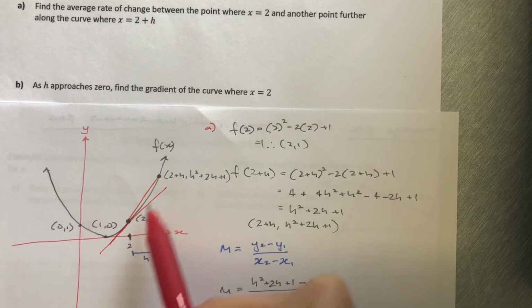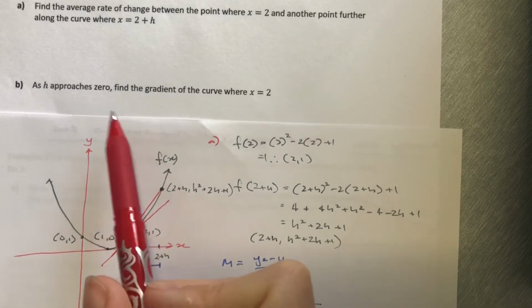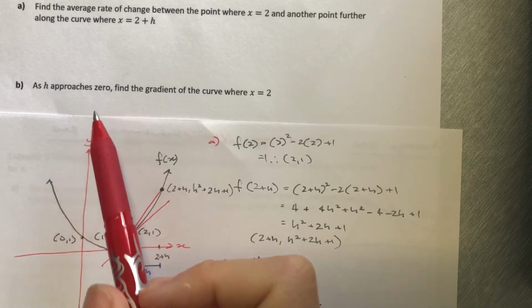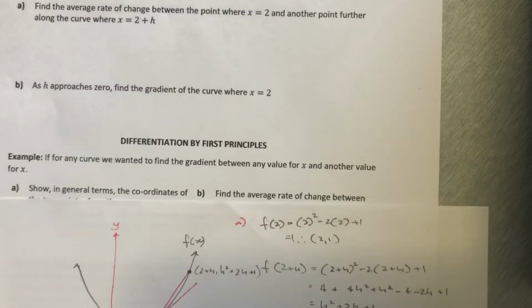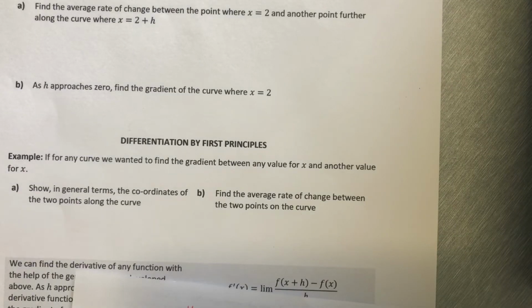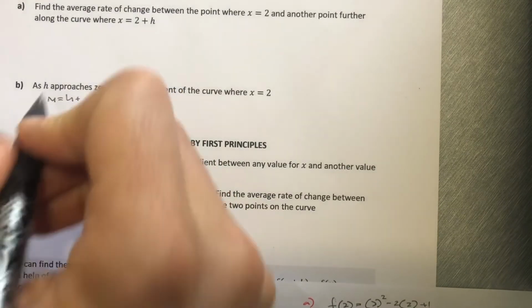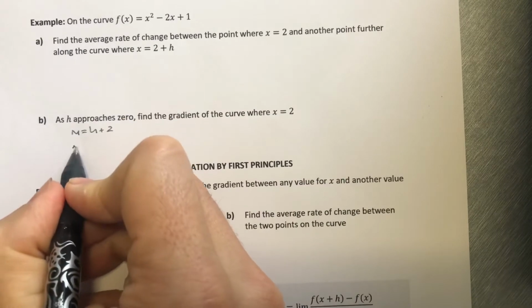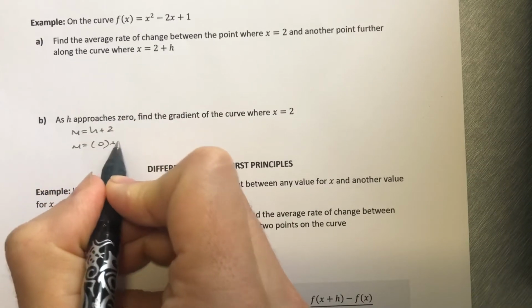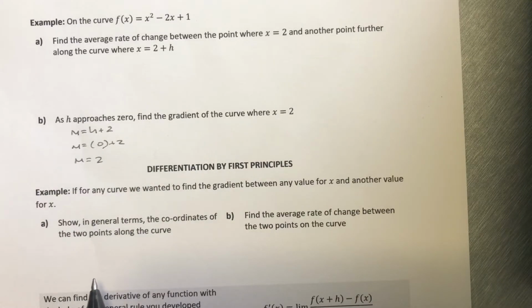So we're pretty much just finding the instantaneous rate of change there. Okay, so to do that, we just need to make h equals 0. So there's our rule, h plus 2. If h is 0, we can just substitute 0 in there, and we can see that the gradient at that point is 2.